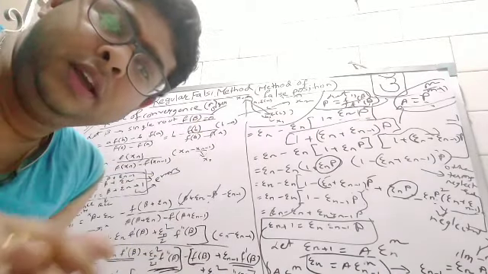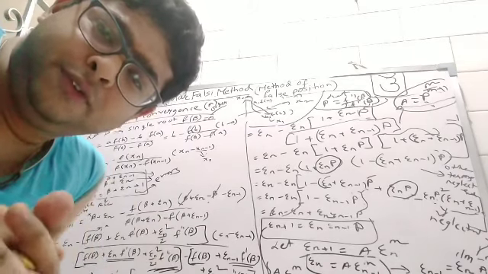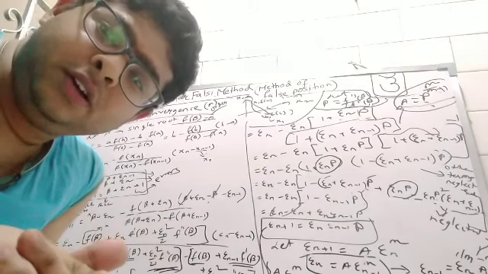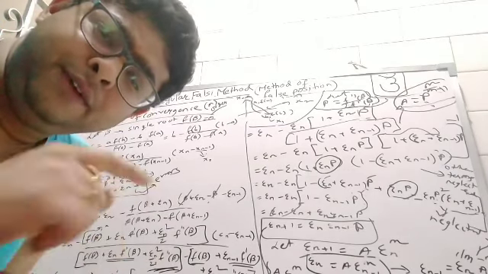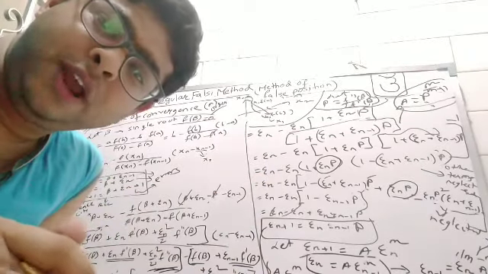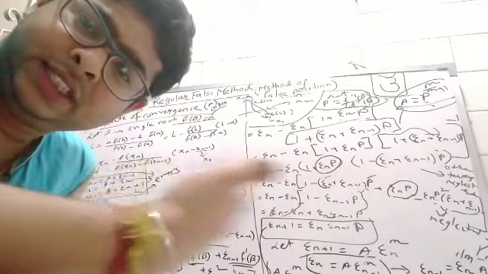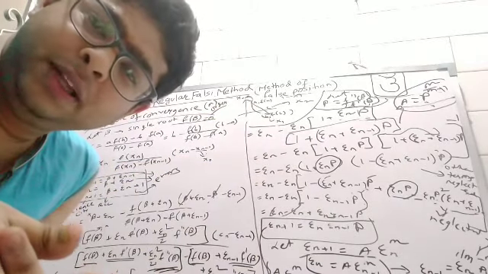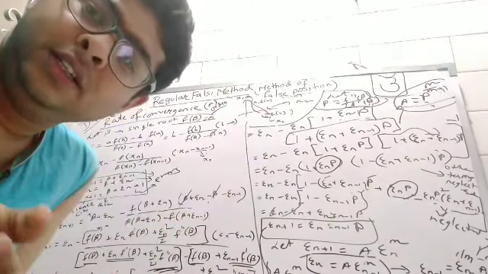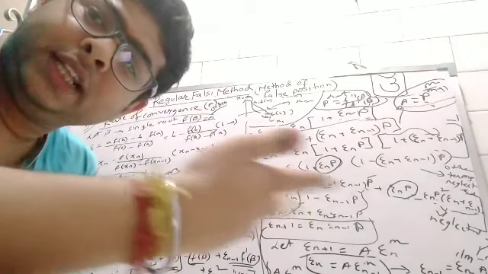One change will be that instead of FC, if you can see my previous video, in every iteration we calculated the FC and checked the sign, and depending on the sign we changed the interval. But for the second method, you need not find the FC. You need not check the sign.